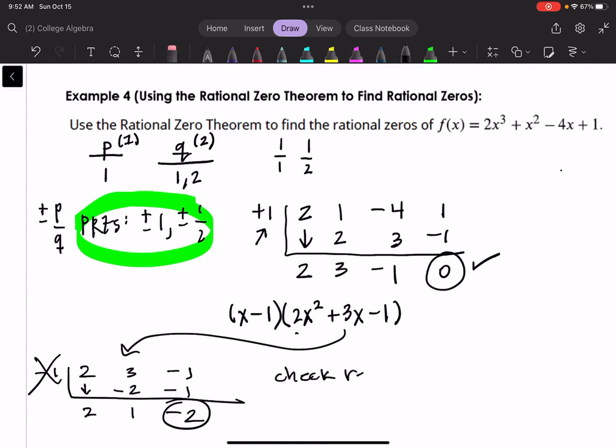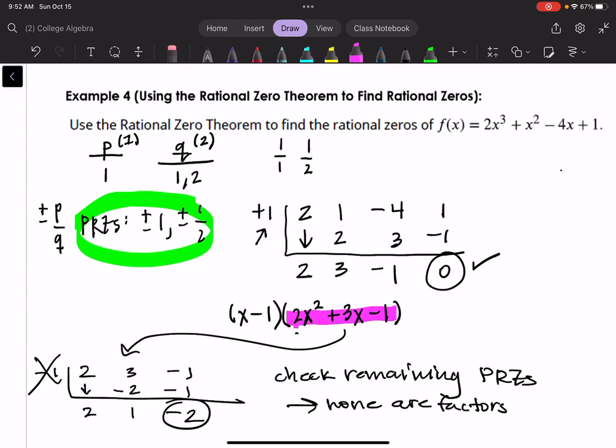You'll check the remaining PRZs using the same method, and we'll see that none are factors. So what that tells us is that we can find factors of this, but they're not going to be rational. They're going to be ugly, nasty zeros, either imaginary or involving a square root that can't be simplified.